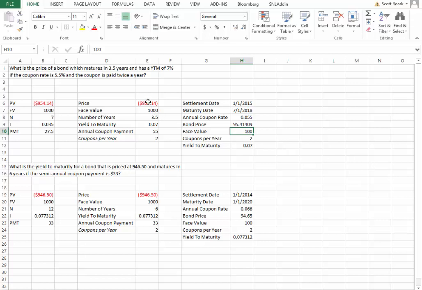Now let's just compare that to the other two numbers that we've got, $954.14 with a negative sign. Remember, the negative signs indicate that it's the price we're paying, a cash flow that's going out. This is telling us exactly the same thing.